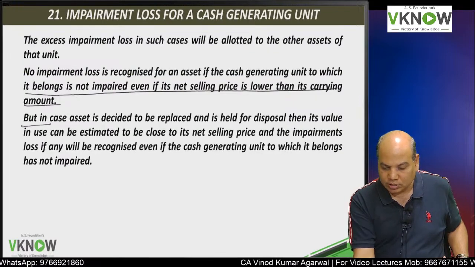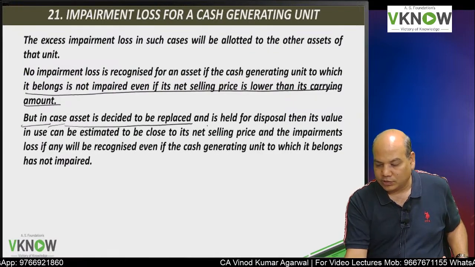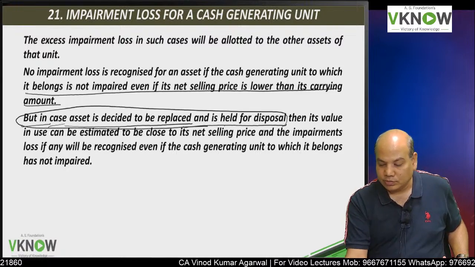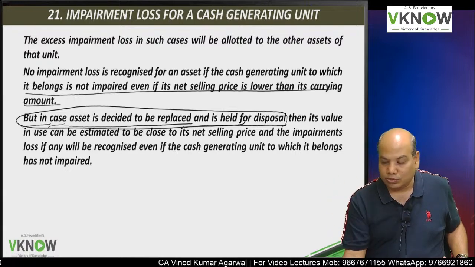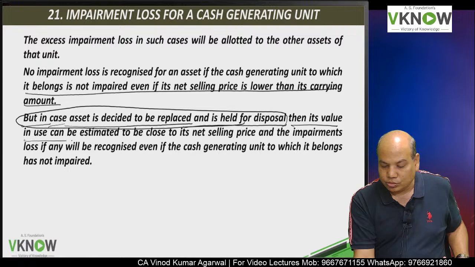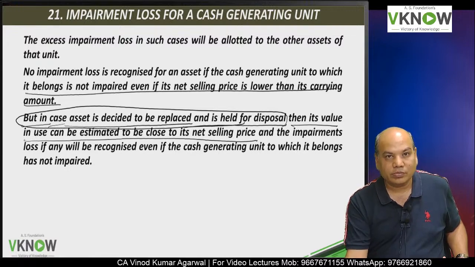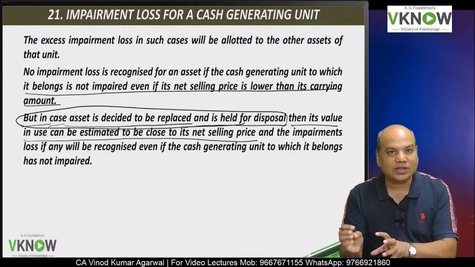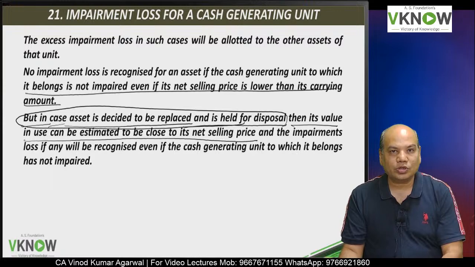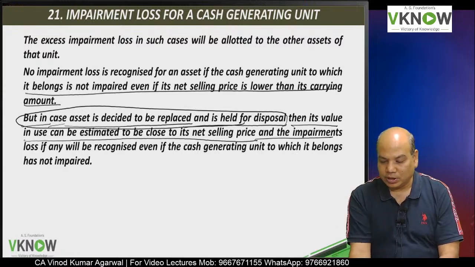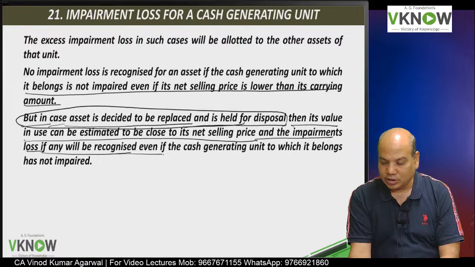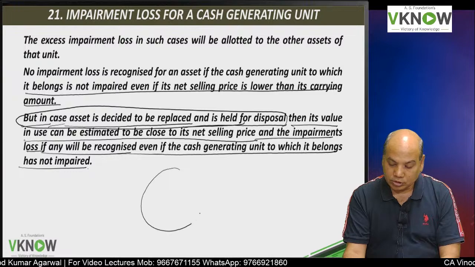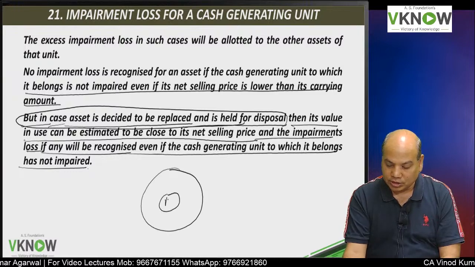Next line, but in case asset is decided to be replaced and it is held for disposal, then it does not generate value in use, then its value in use is close to net selling price. Of course, if the asset is not going to be used, its value in use means only salvage value, and that will be closer to the net selling price, and the impairment loss, if any, will be recognized even if CGU to which it belongs does not get impaired. Now suppose this is the CGU, this is the asset.